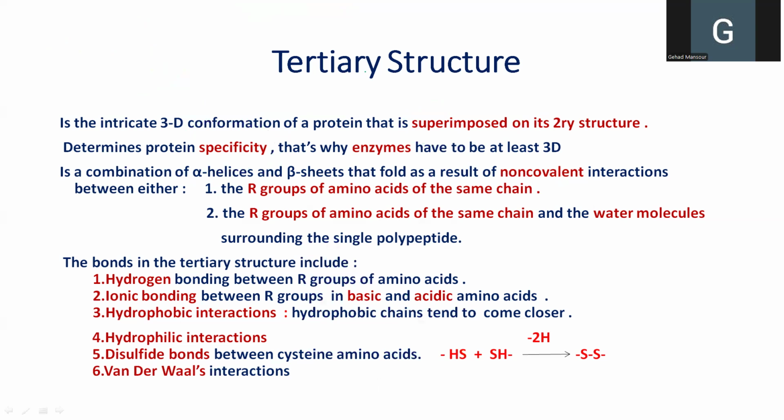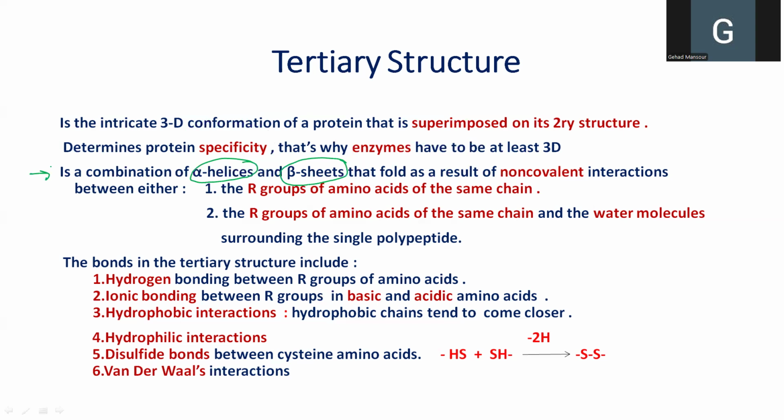Now, in order to obtain the tertiary structure, we start either by an alpha helix that is further folded, or by a beta sheet that is further folded. But why are we saying this? This statement is a bit ambiguous: a combination of alpha helices and beta sheets that fold as a result of non-covalent interactions.